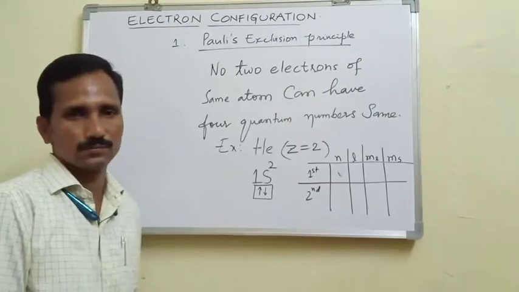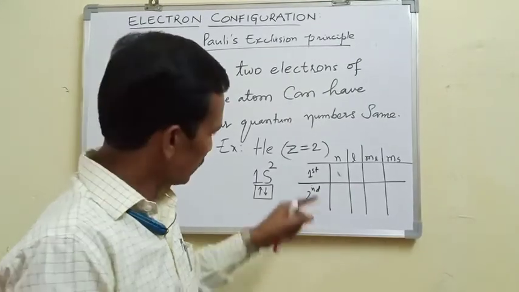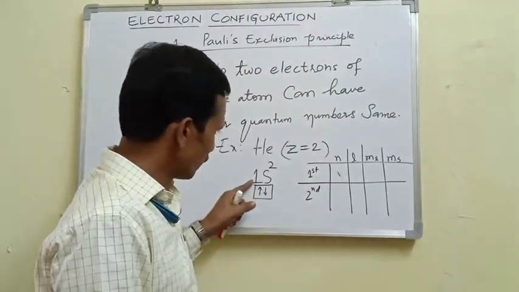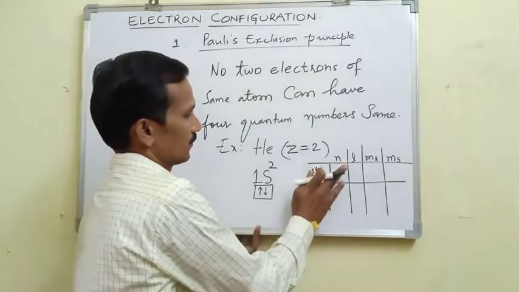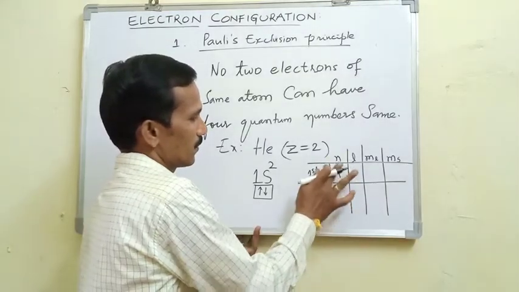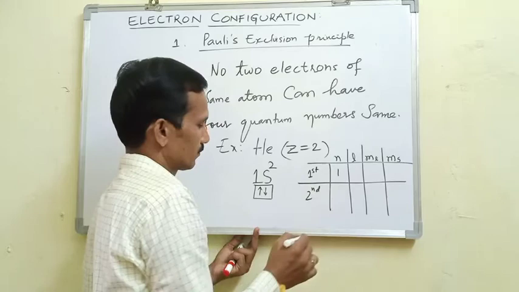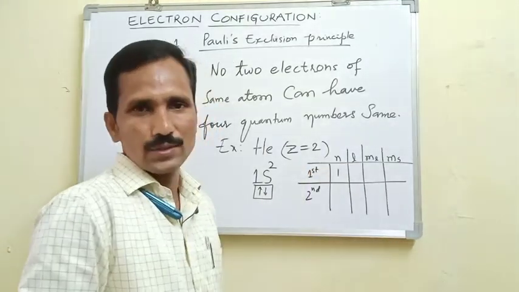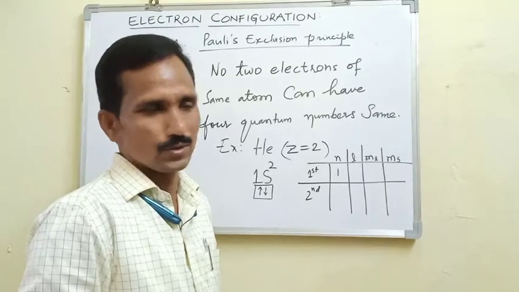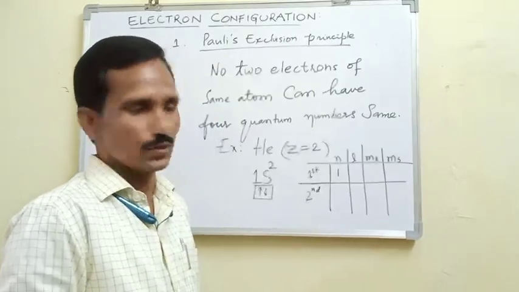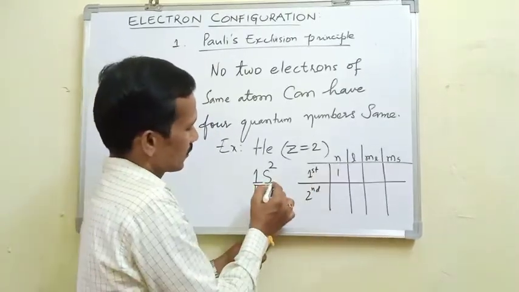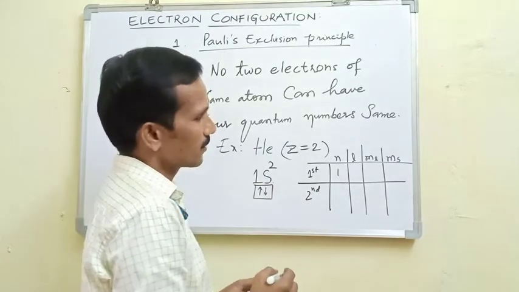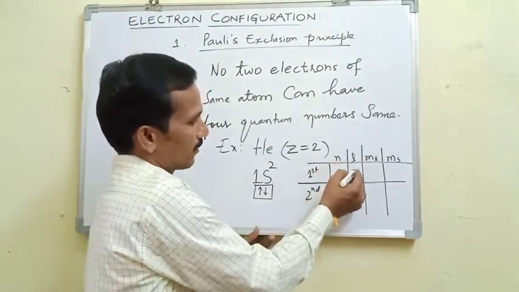For the first electron, in which shell? First shell. So we write 1, the principal quantum number. The angular momentum quantum number tells about the subshells. So what is the subshell? s. For s, the angular momentum quantum number is 0.